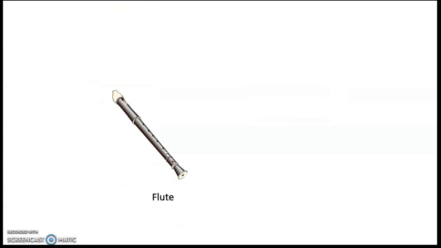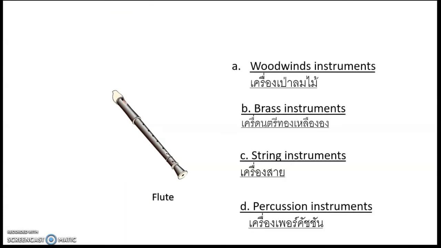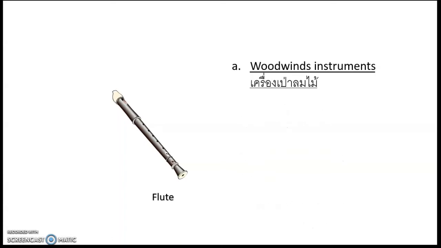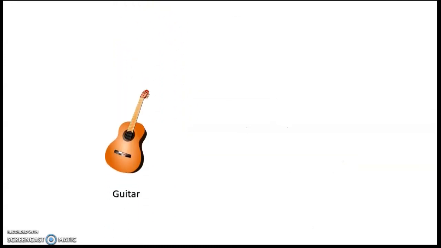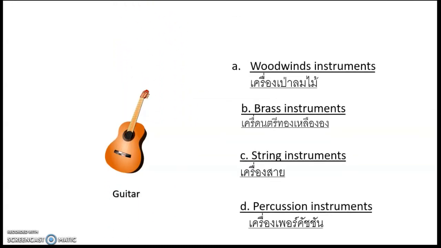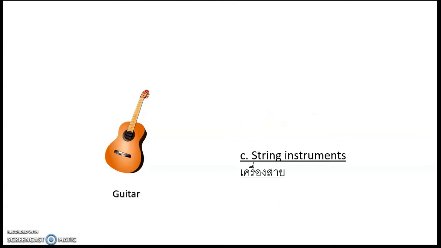And the flute. Of course, the flute belongs in the woodwinds instrument, letter A. And the guitar, yes, letter C, string instruments.